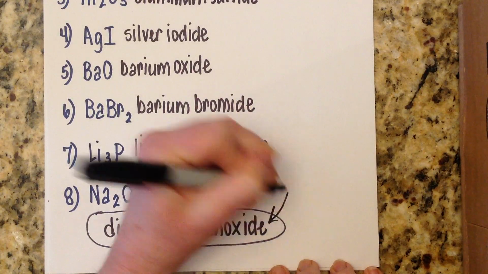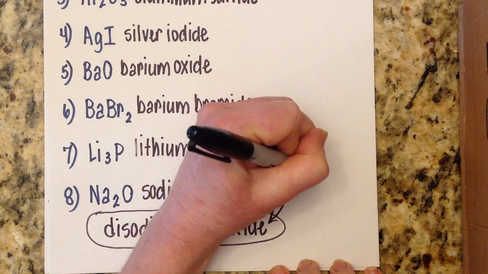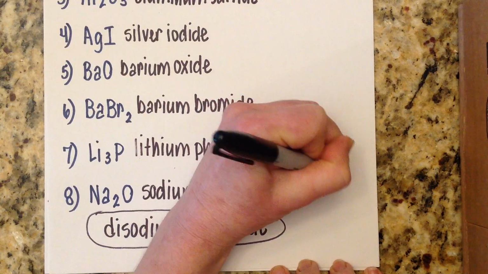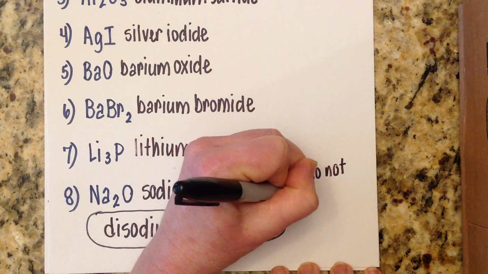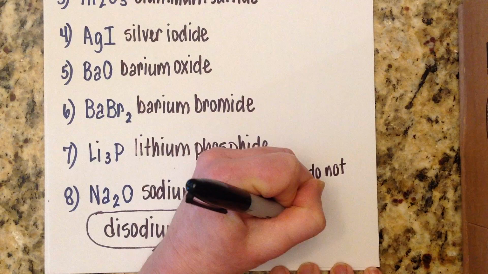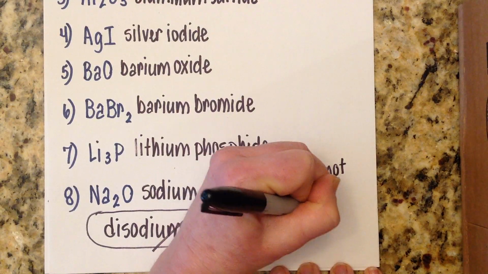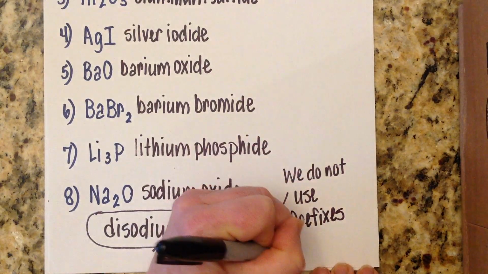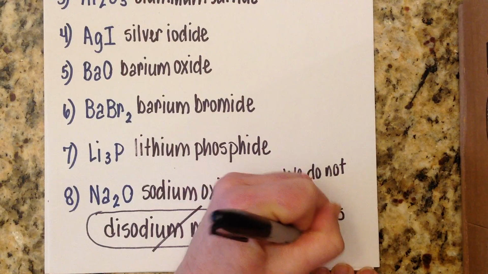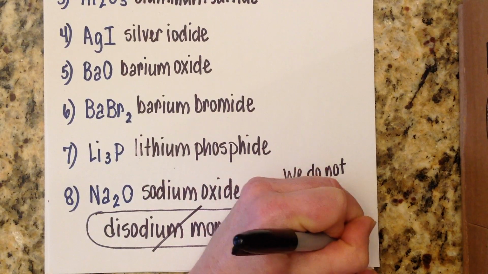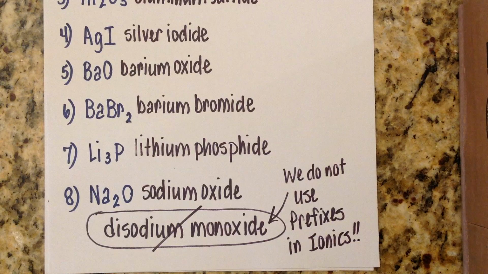So maybe make a note of that. You'll write it again, but that's okay. You'll remember it. Very, very important. We do not use prefixes in ionics. And again, that's the only way those are going to combine. So that's how you name binary ionic compounds.